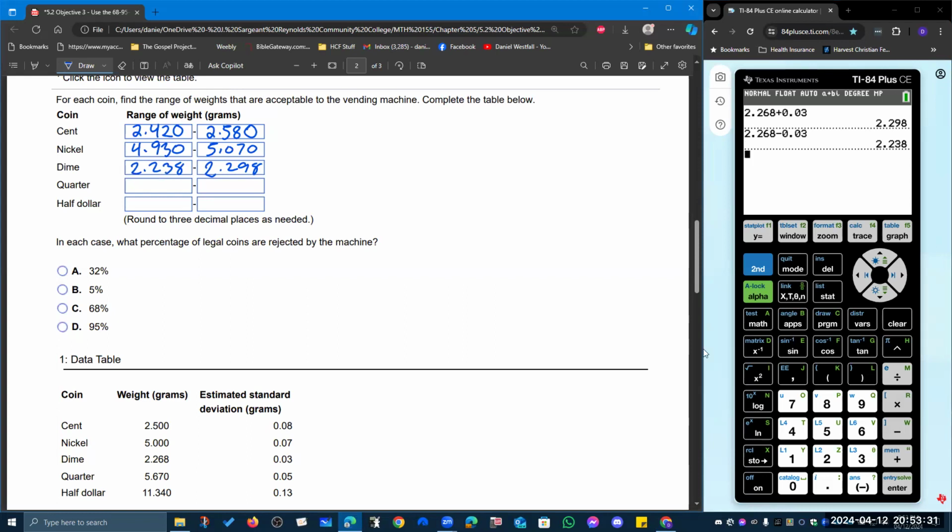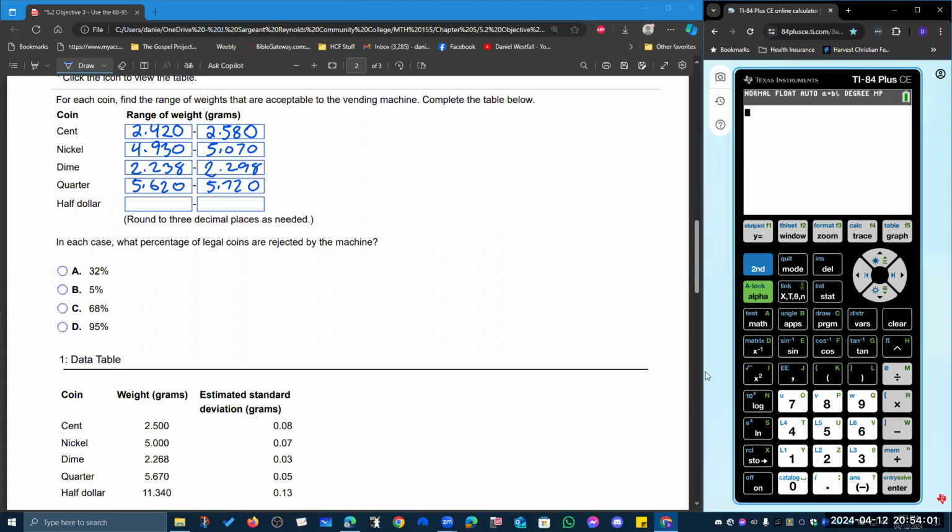And now let's look at the quarters. 5.670 plus 0.05 is 5.720, and switch that to subtraction now. It's going to be 5.620.